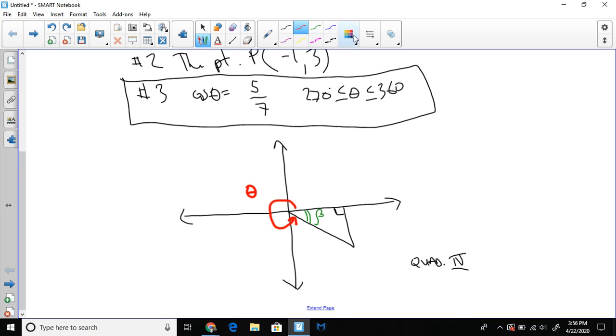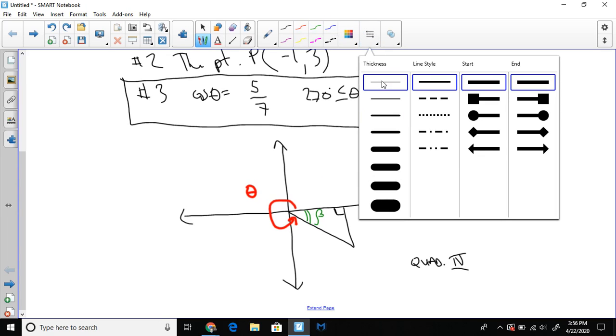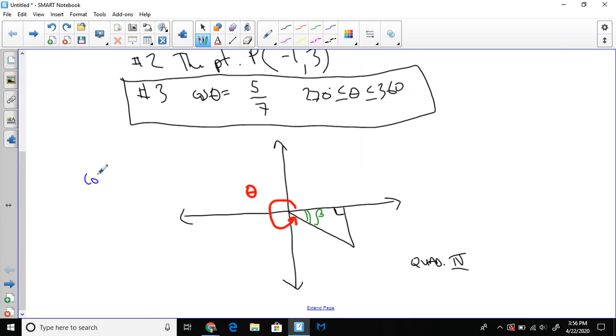And then to label the sides, well, I know cos of theta is 5/7, right? Cos, if you remember, is x over r. So that is x. Okay, so again, that makes sense. 5 is on the positive x, right? Cos is positive. And then my radius is 7.